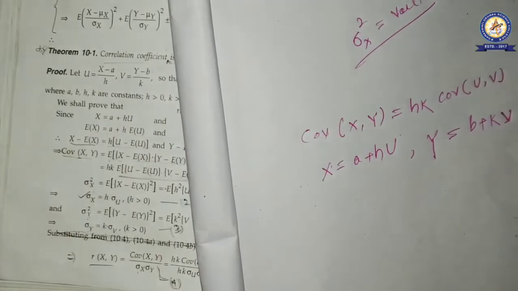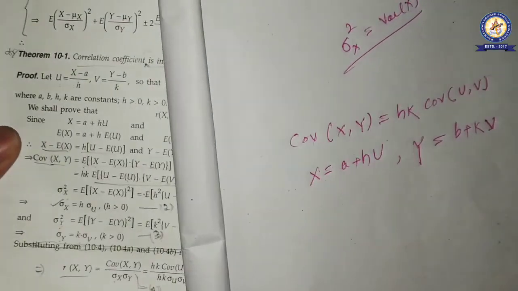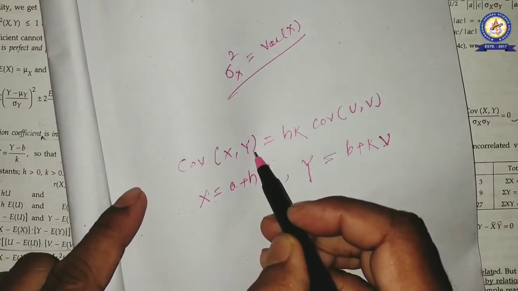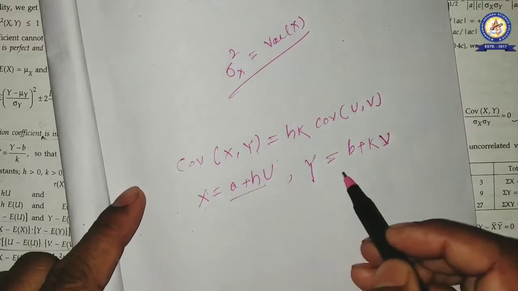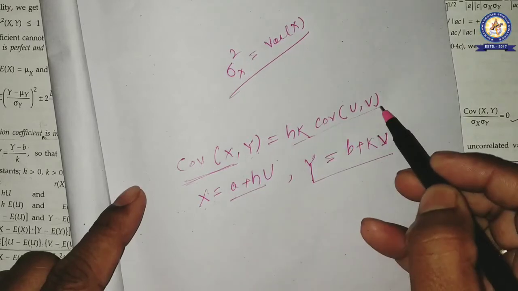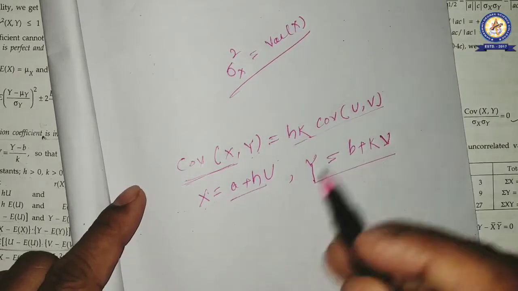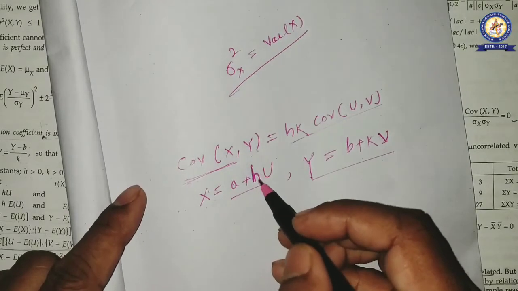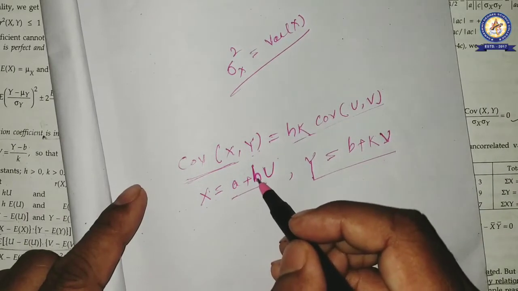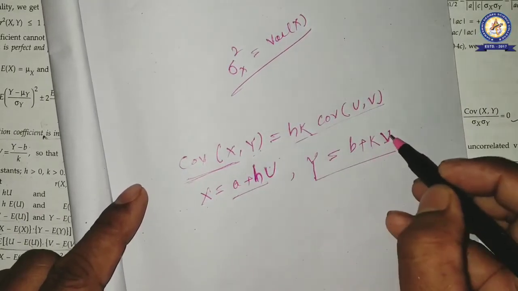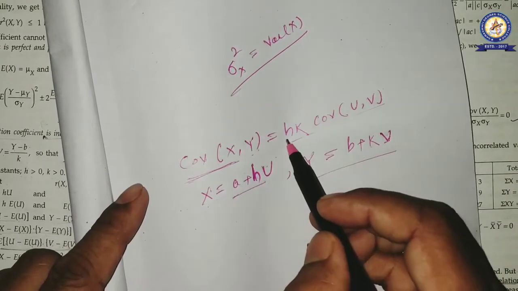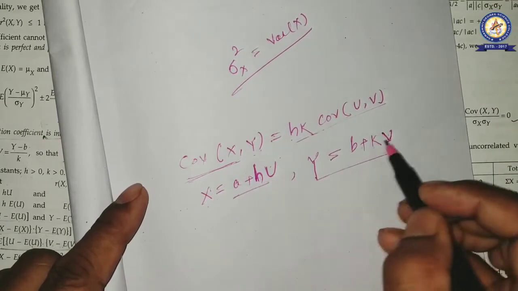Carefully watch here: if we consider covariance of xy where x equals this much and y equals this much, then the covariance of xy will be hk into covariance of u and v. That means the constants multiplied with u and v, here h with u and k with v, came outside, and we found covariance of u and v.